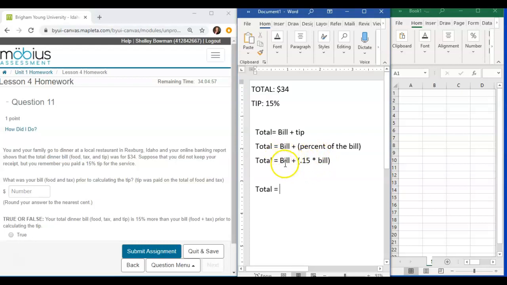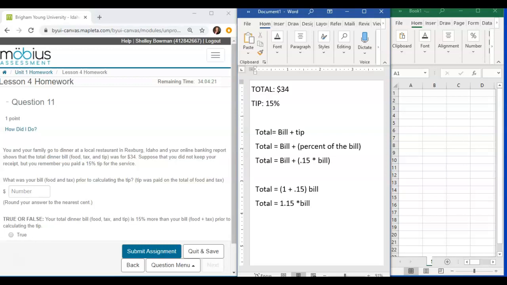So this is 100% of the bill plus 15% of the bill, and we could say this is 1 plus 0.15, or 1.15 times the bill, meaning that I pay for 100% of the bill plus the extra 15%. Some students just think that it looks a little nicer this way, so it's 1.15 times the bill.